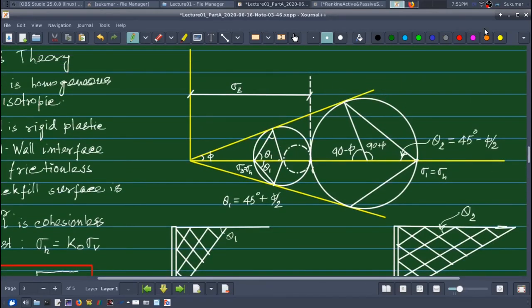Let me write it down. This is my passive failure circle, and this is my active failure circle.